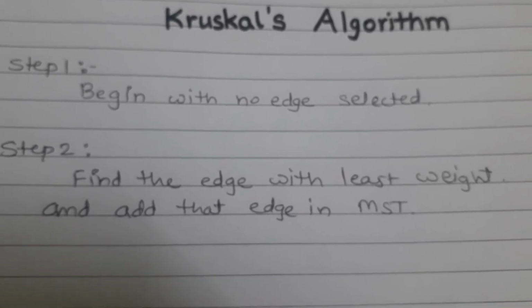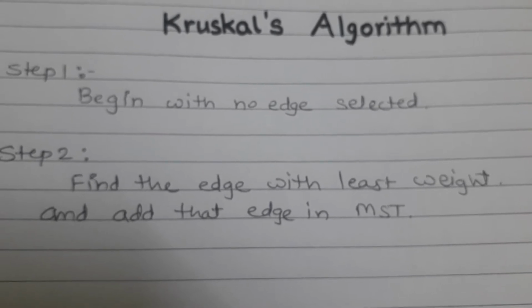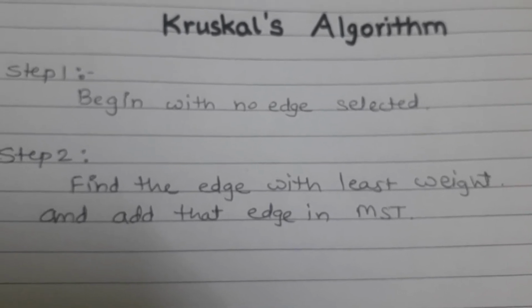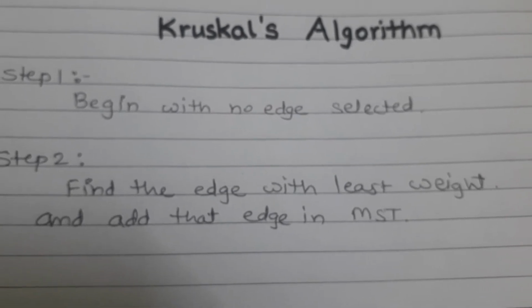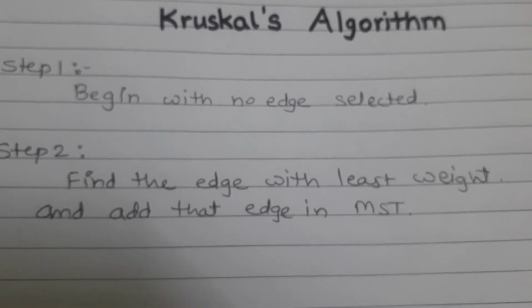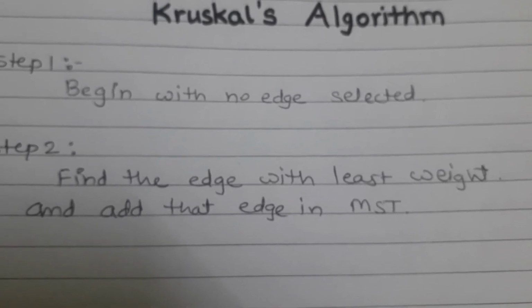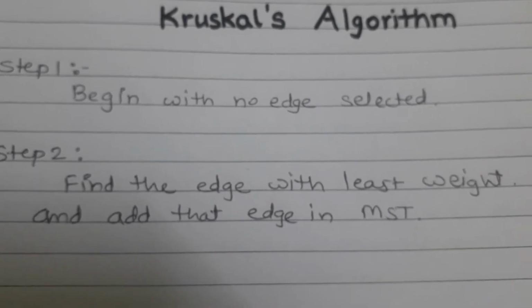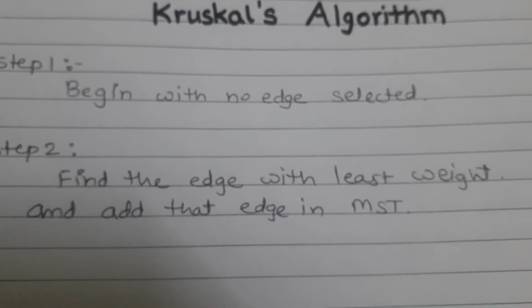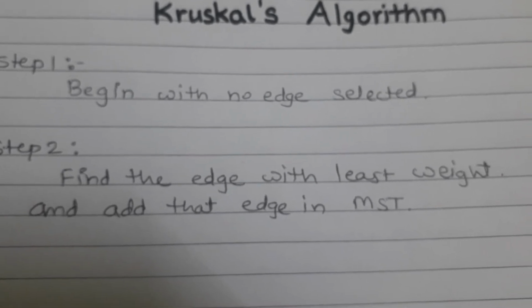In the second step, we have to find the edge with least weight and add that edge in the minimum spanning tree. After that, again we have to find the next edge with the next lowest weight out of the remaining edges, and that edge will be added in the minimum spanning tree.